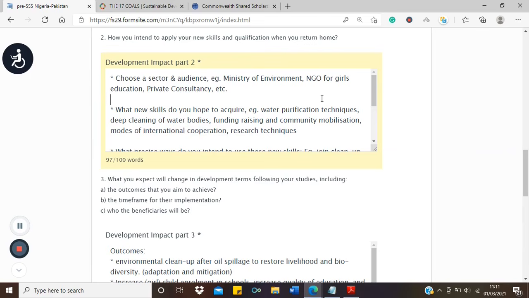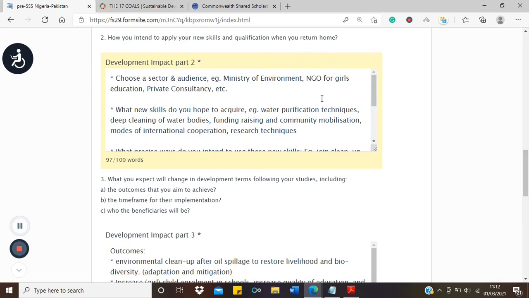This is good. So first, choose a particular sector or related sectors of the economy, of the government, of the environment. Just choose a sector where your skill is most needed. Think of the skill you acquire at the UK university, and think of the sector that is most in need of that skill.